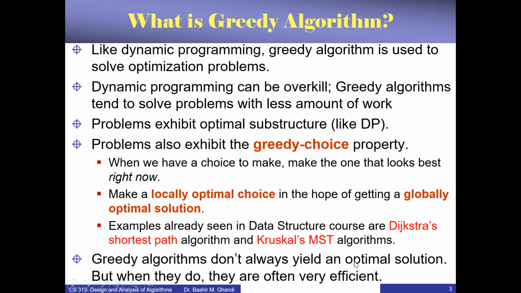That may or may not work, as we shall see when we do the comparison towards the end of the lecture. We're going to take another problem to see whether one version of it can be solved with greedy and another version cannot. So it may not always yield an optimal solution, but if it does, it is certainly going to be more efficient than the dynamic programming approach. And this is the main thing.